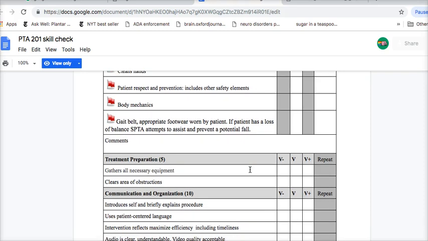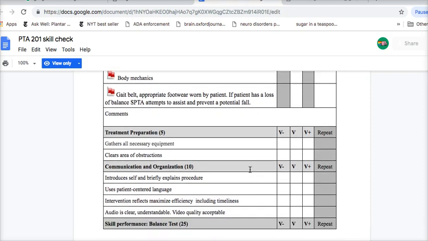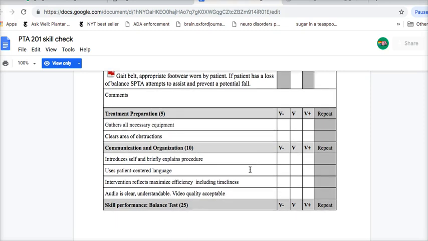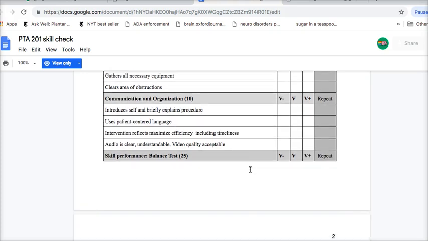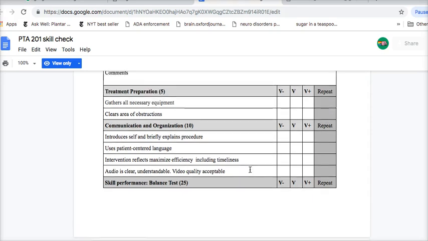You guys all do this really well. You practice good body mechanics, and you correctly put on the gait belt and have it there, because you're working with somebody who presumably is seeing you because they are a fall risk or maybe a fall risk. And if something happens during your balance session, you're going to work hard to correct and prevent a fall.